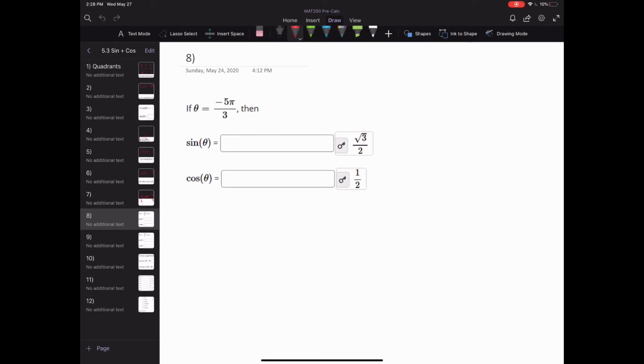Okay, same thing here. So theta is that. Let's convert that to degrees. Pi's cancel. 2 into 3 is 1, 3 into 180 is 60. 6 times 5 is 30, so it's negative 300 degrees. So when you're doing negative degrees, we usually go in that direction.